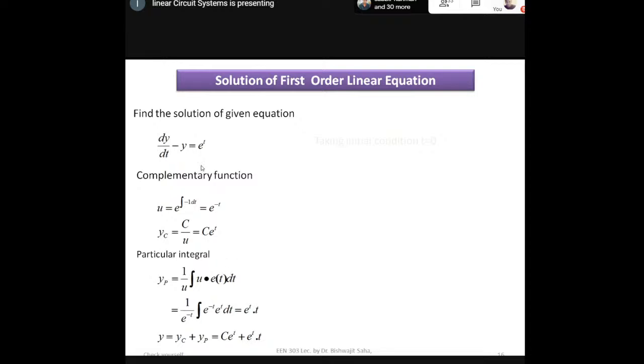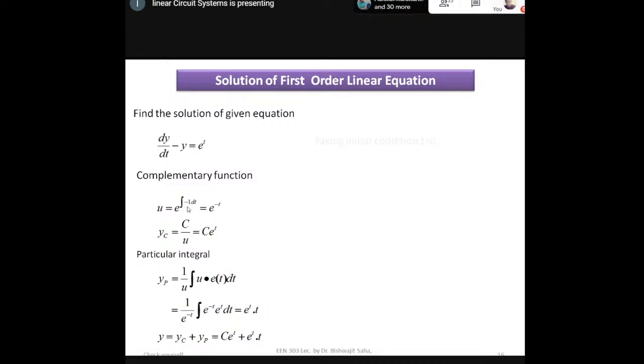Since we know the complementary function equation is c divided by u, u is going to be e to the power integration of minus 1 dt. Minus 1 was considered as a0.